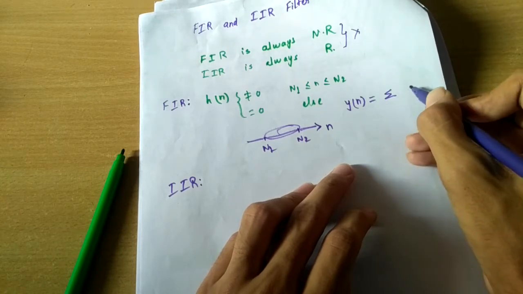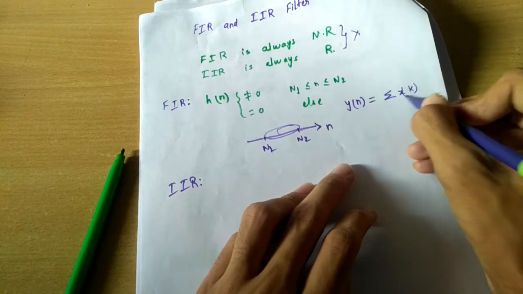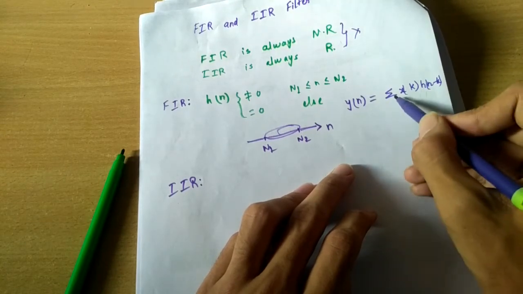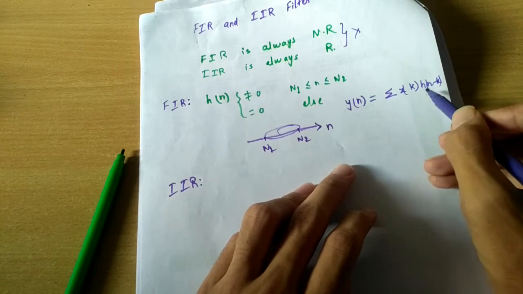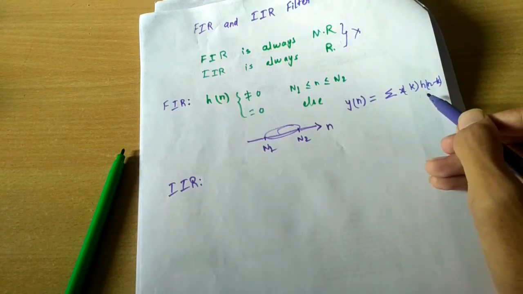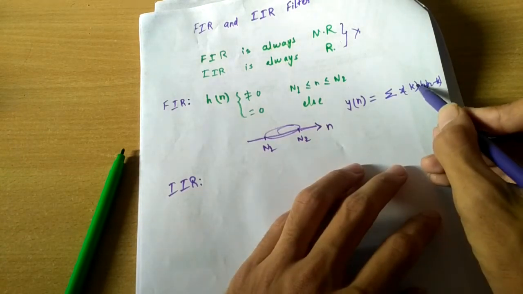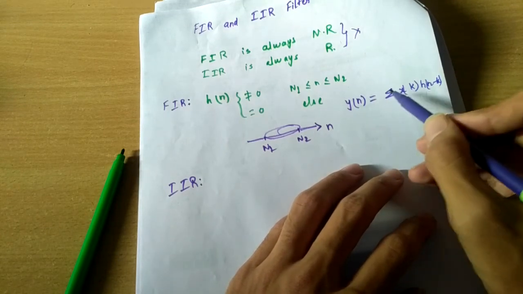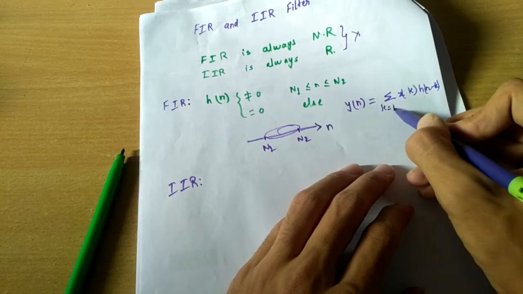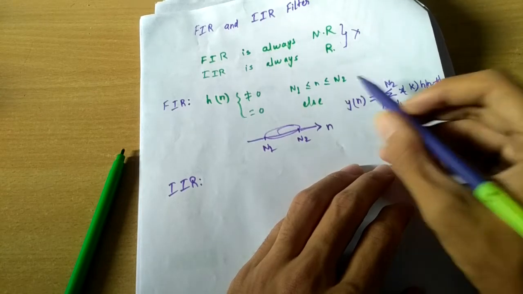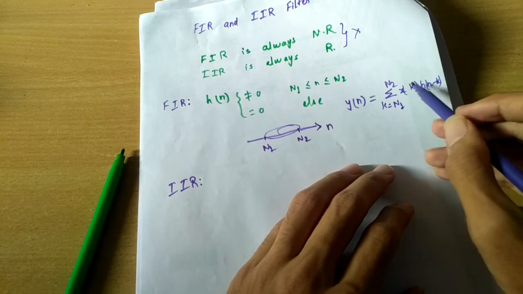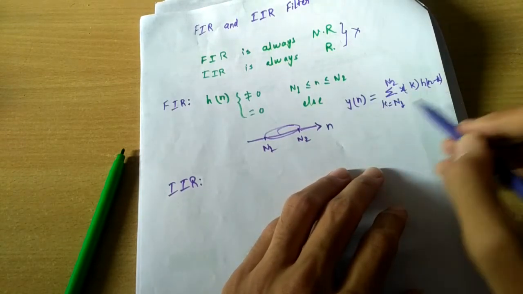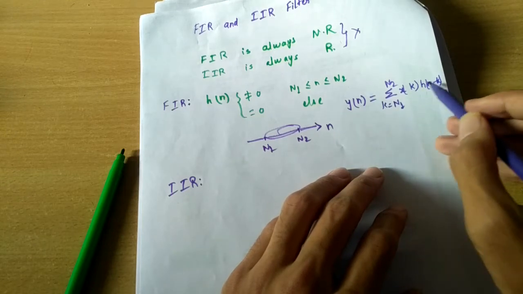From the basics of signals and systems, the limit will be decided by x of k and h of n minus k. So here the limit will be from n1 to n2, and you can see that we have a finite impulse response.